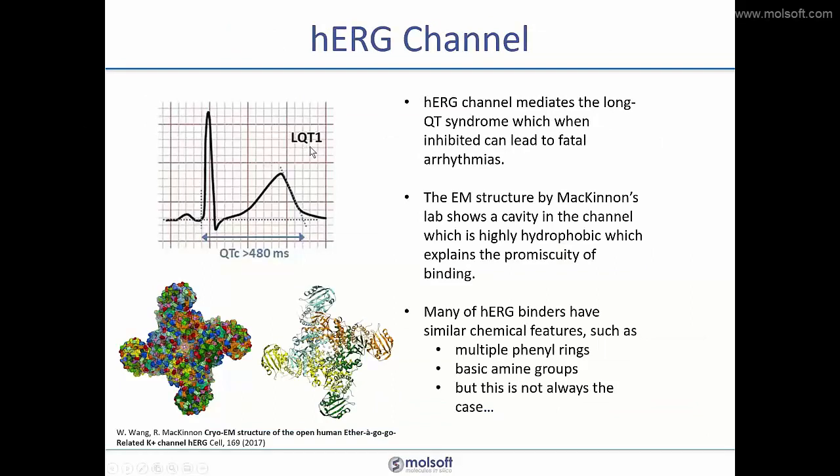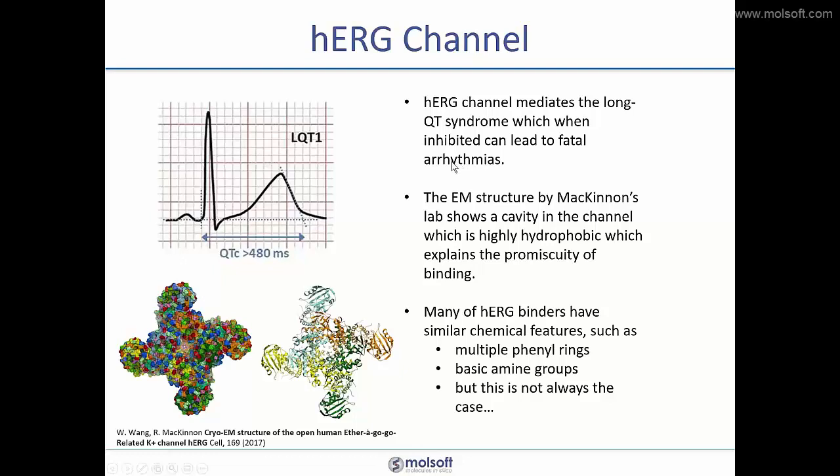So the next prediction model I want to show is hERG. So hERG is a potassium channel, and it's essential for the normal electrical activity in the heart. If you have mutations in hERG, you see what's called long QT syndrome, which predisposes individuals to life-threatening fatal arrhythmias.